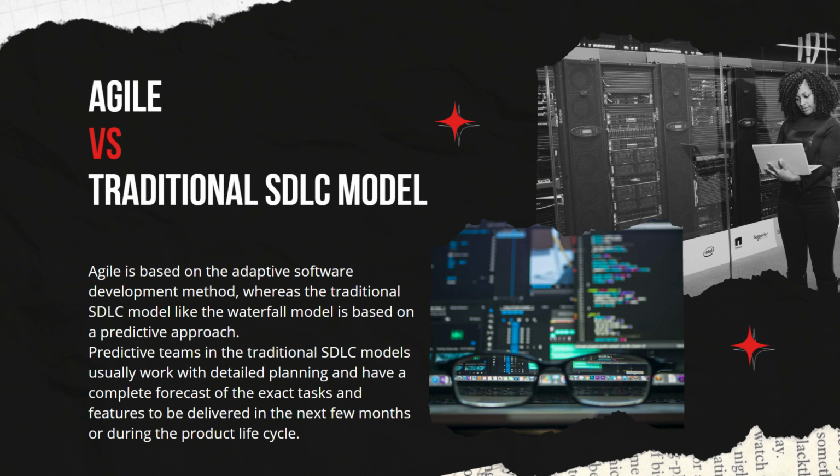Predictive teams in the traditional SDLC model usually work with detailed planning and have a complete forecast of the exact track and features to be delivered in the next few months or during the product life cycle.